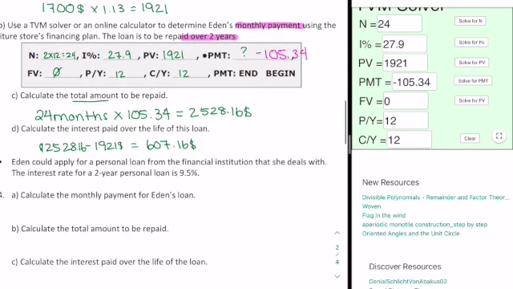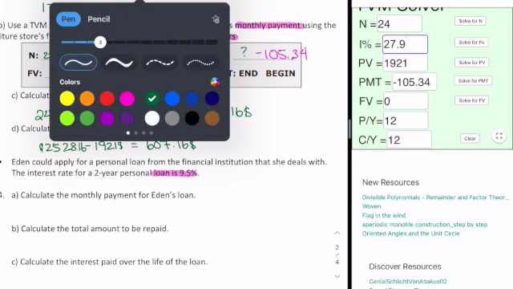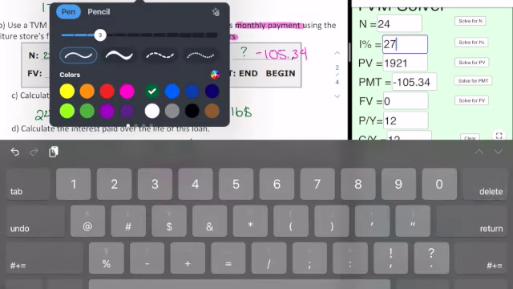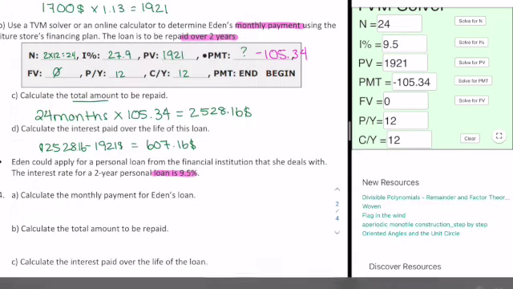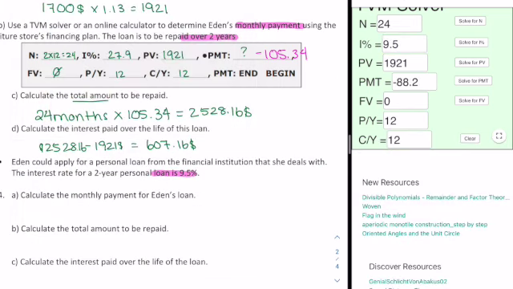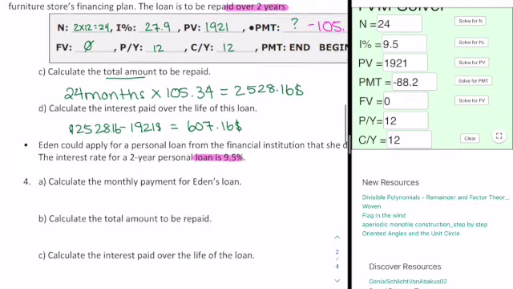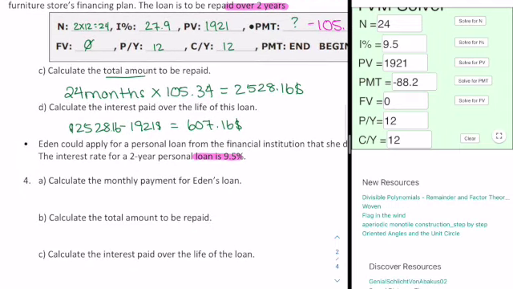All right. Now, Eden could apply for a personal loan with a different interest rate. So here, you just change the interest rate to 9.5 and then solve for the payments. So the monthly payment would be minus 88.20.